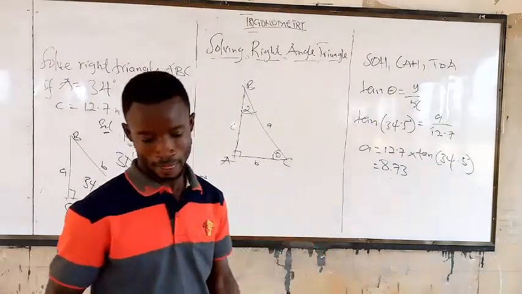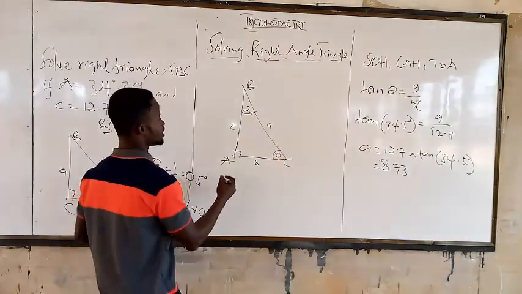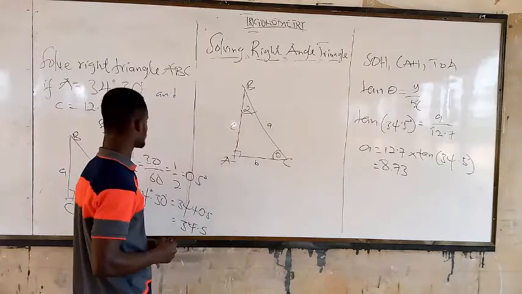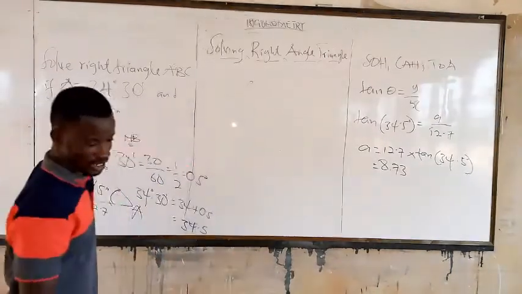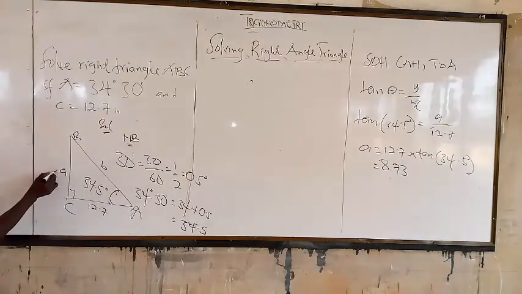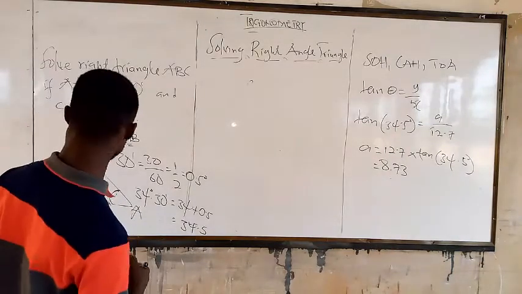Therefore, the side A is approximately 8.7.